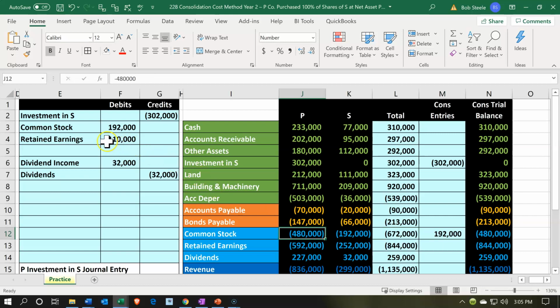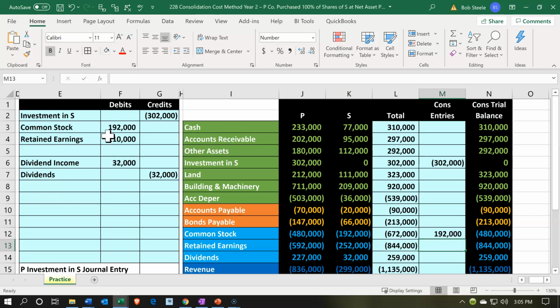Then we have the retained earnings at the 110. That's not going to remove all of S's amount in retained earnings, right? Because it should only remove the amount of retained earnings at the point in time that we made the consolidation, because 100% was purchased. So the retained earnings that has accumulated since that time, which is now 2 years ago, is still going to remain here.